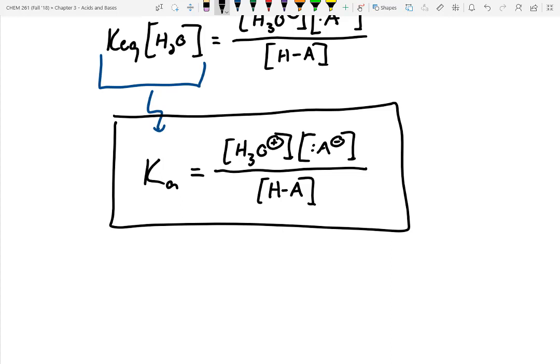Hopefully you remember this from Gen Chem. It's just simple equilibrium conditions. All right, this is referred to as our acid dissociation constant. And this is really heavily used specifically by organic chemists.